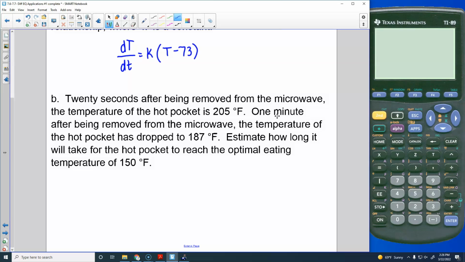Estimate how long it will take for the hot pocket to reach the optimal eating temperature of 150 degrees Fahrenheit. So, if you want to eat your hot pocket as soon as possible, but you do not want to burn your mouth, you need to know what this time is. All right? This is part C.